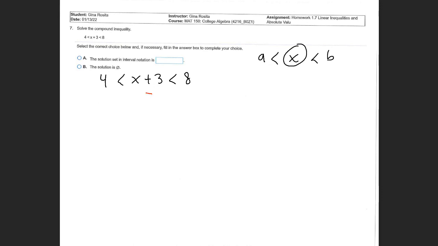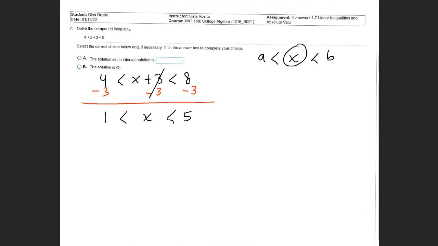So I put minus 3 on all of them. 3 minus 3 cancels, and 4 minus 3 becomes 1 less than x, our goal. Less than 8 minus 3 is 5.